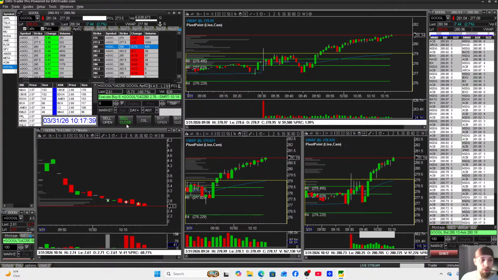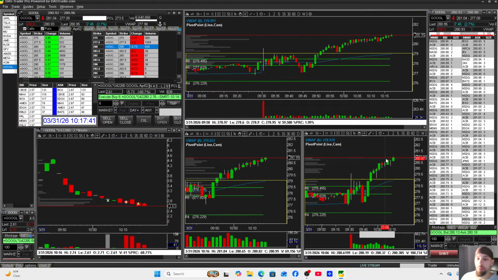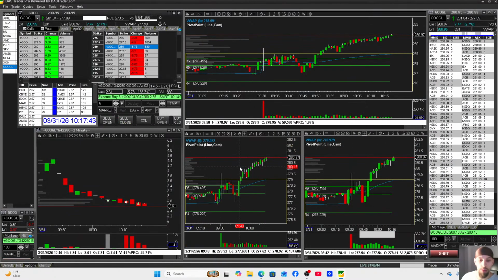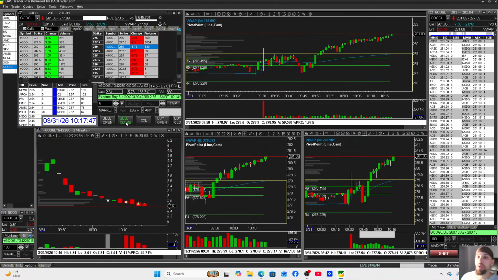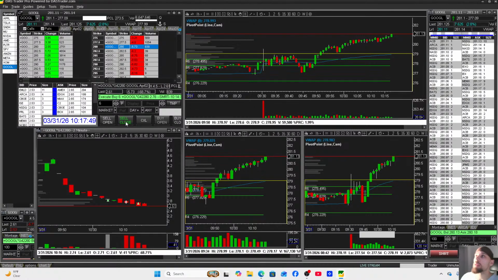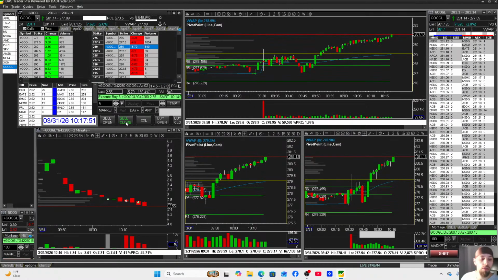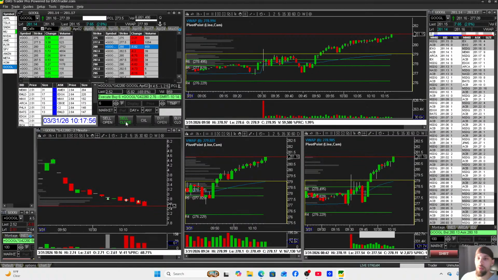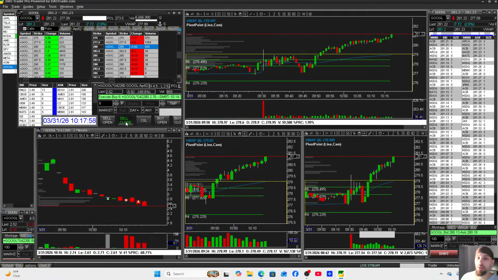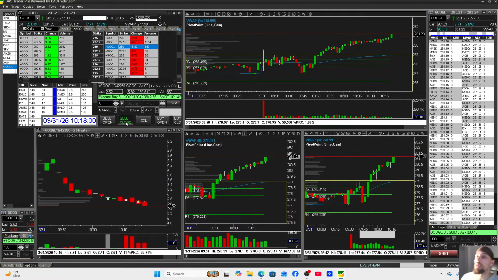Volume's picking up on the 3-minute. Pretty bullish candle. $281, trying to hold it. It's squeezing. Yeah, it's definitely bullish price action here.